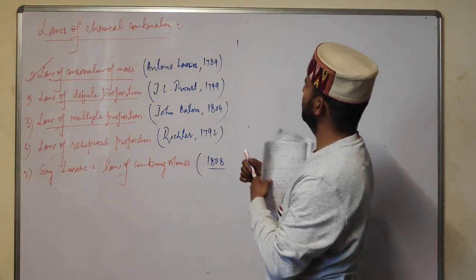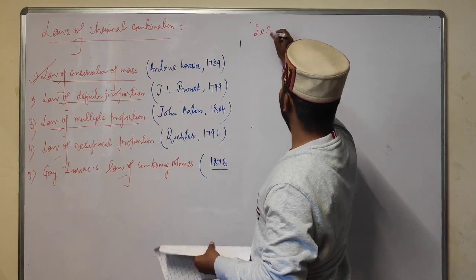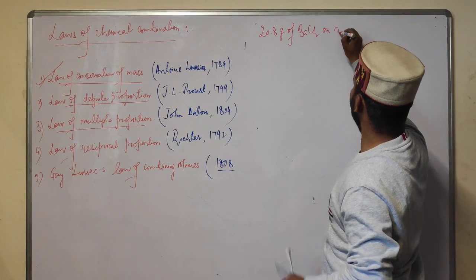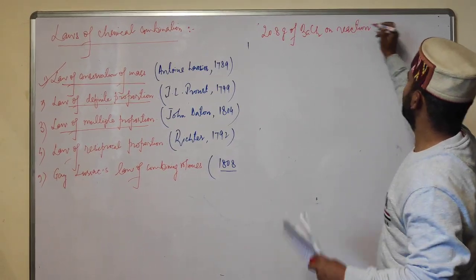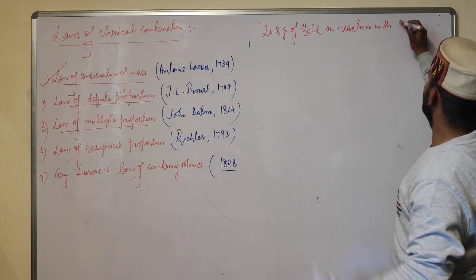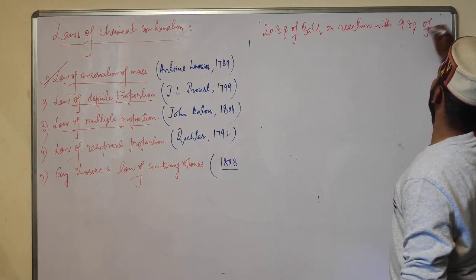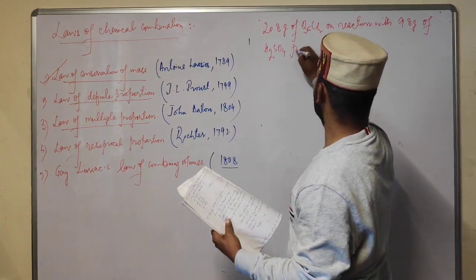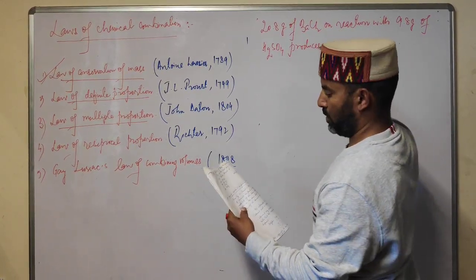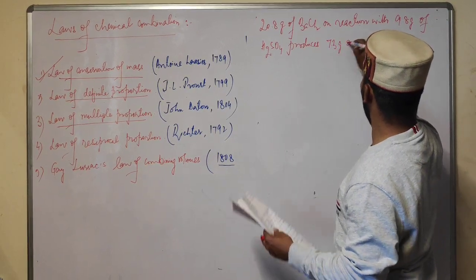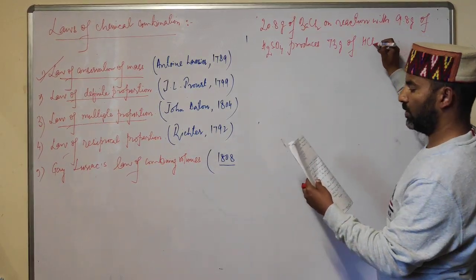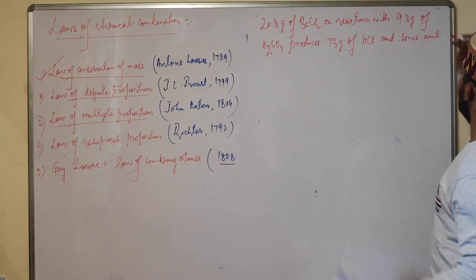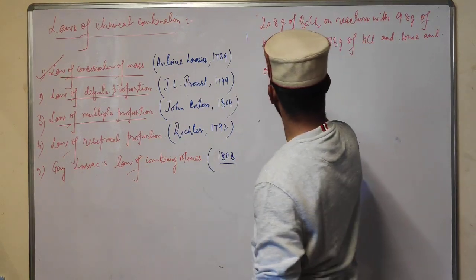So the question is: 20.8 gram of barium chloride on reaction with 9.8 grams of sulfuric acid, that is H2SO4, produces 7.3 grams of hydrogen chloride and some amount of barium sulfate.